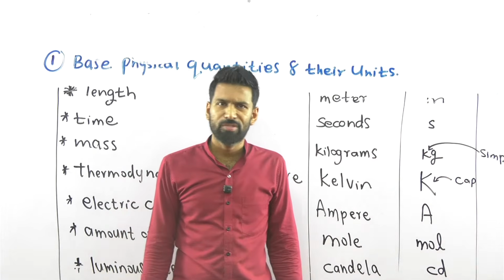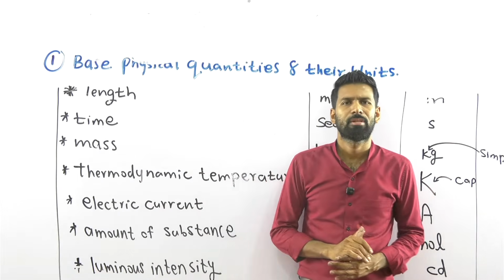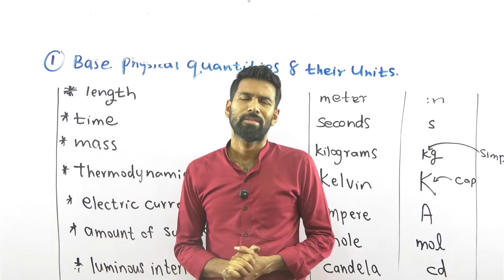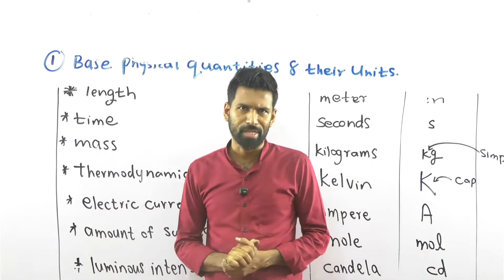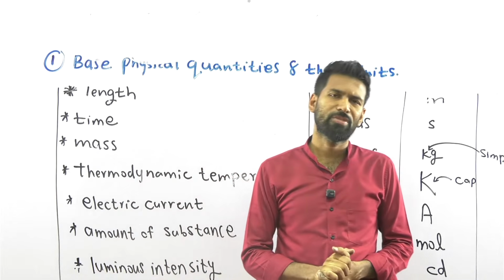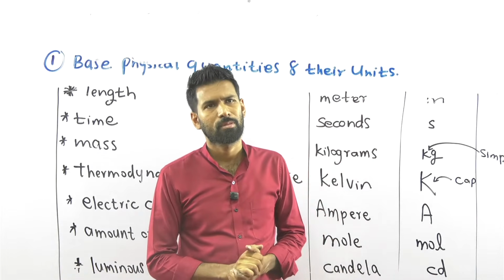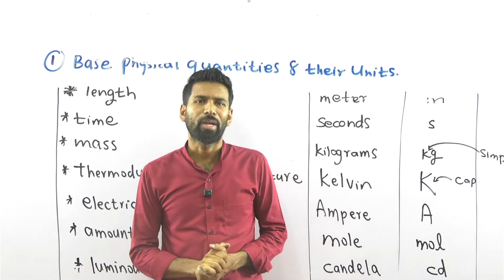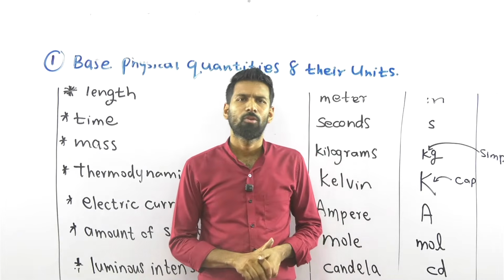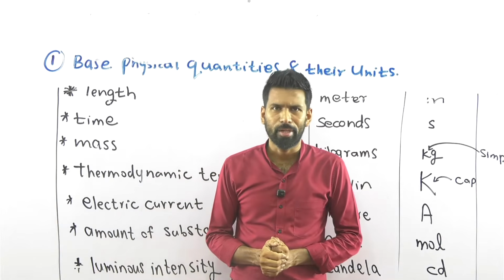These 7 base physical quantities are the ones who are independent from one another.